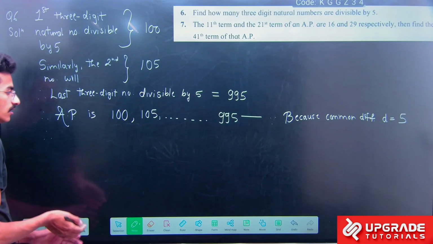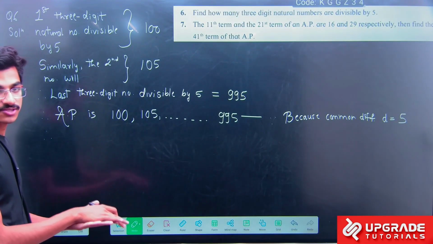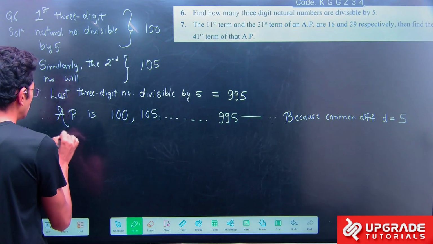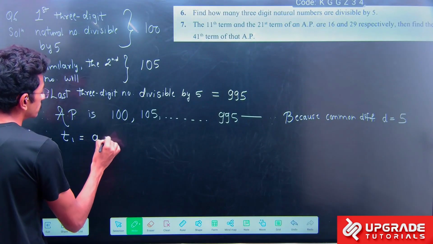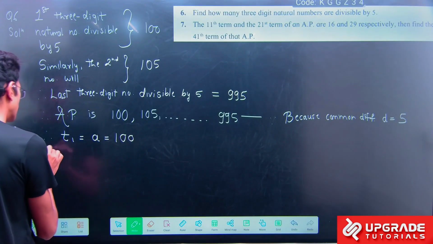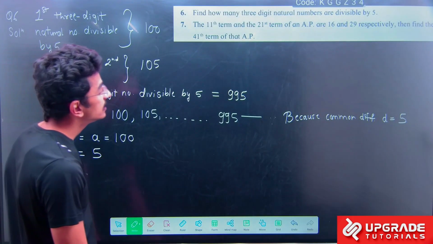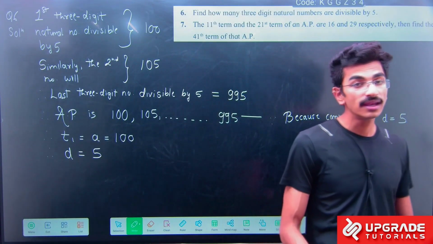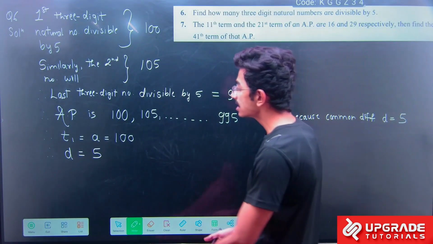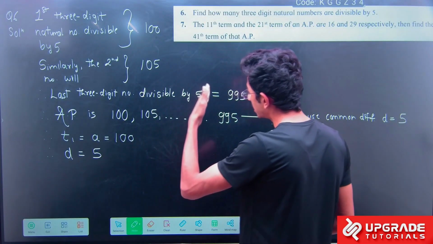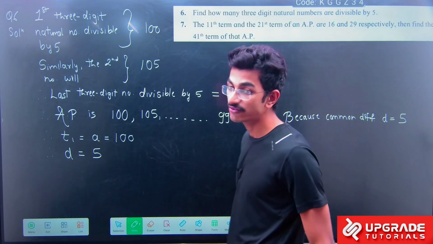Again we'll move to the previous question and write the value of T1. T1 is equal to A is equal to 100. D, as we already know, is 5, and they have asked us how many terms, means how many such terms are there which are divisible by 5.